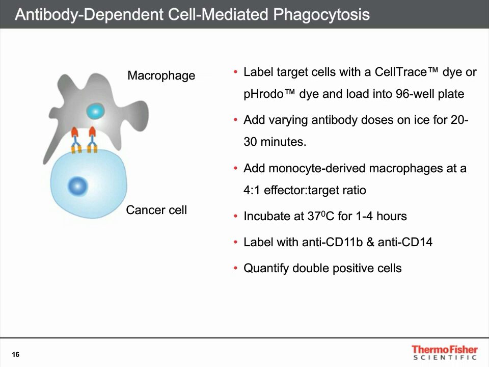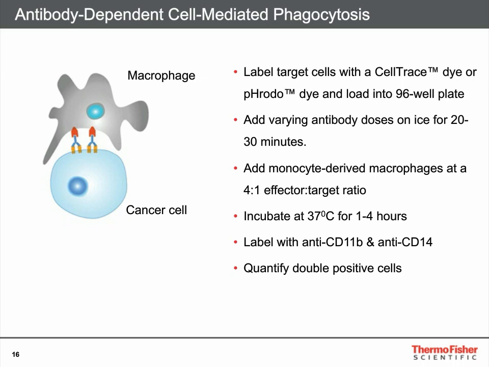But either way, we can label our target cells with one of those dyes, load them typically into a 96-well plate, and then add varying doses of our antibody. It's commonly done on ice to prevent trafficking or internalization of our antibody, just to allow the antibody to bind to the cell surface. Following a wash step, we will add monocyte-derived macrophages, which have been grown from peripheral blood mononuclear cells from a donor.